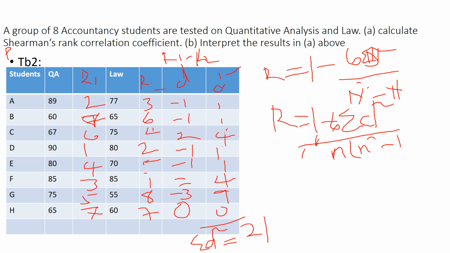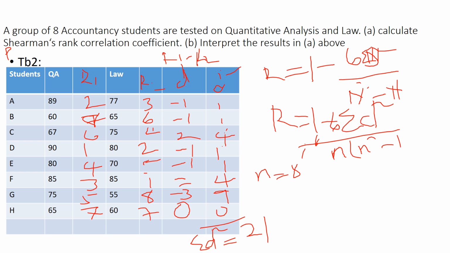So for us to calculate the rank correlation, also known as the Spearman rank correlation, we need to use this formula. With all this, we know that our number of observations, n, is equal to 8, so we can plug them into our formula.